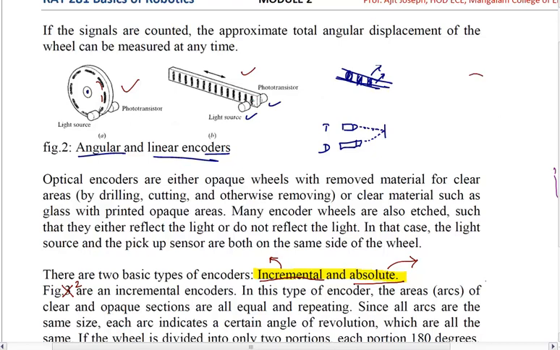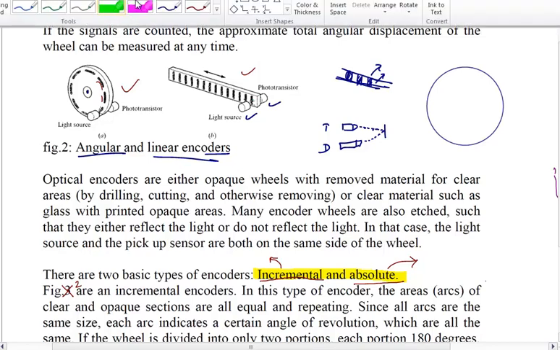Clear? Now if I take a circle, the angle within that circle is basically 360 degrees. So let me draw it properly. If I take a circle, then within that circle we have 360 degrees.